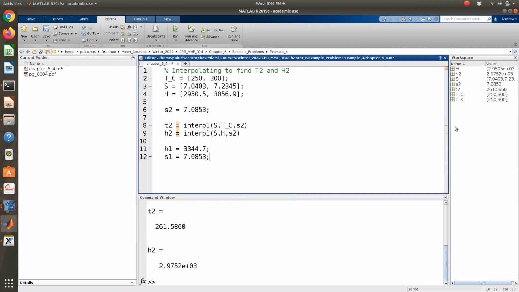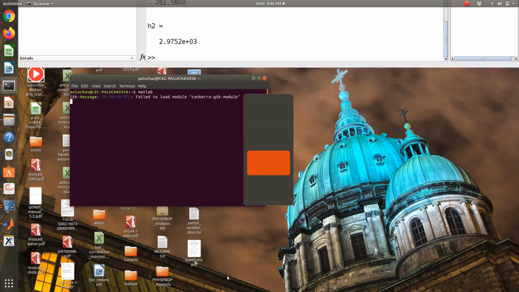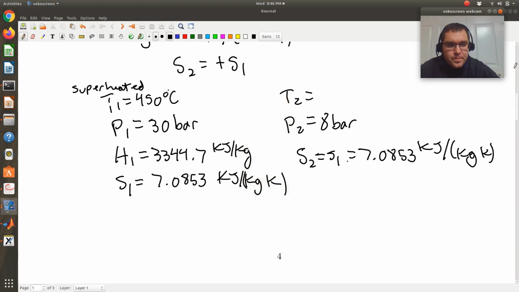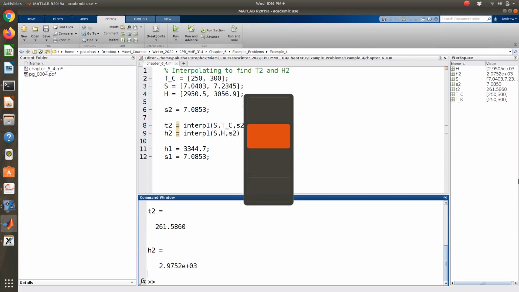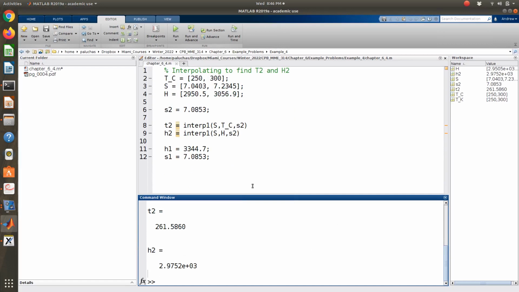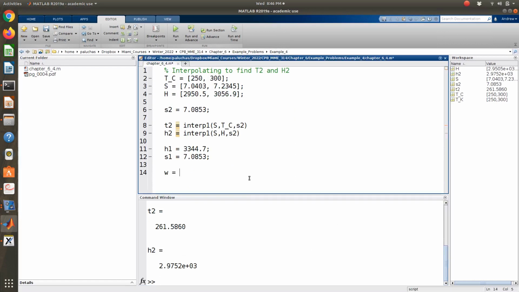So to calculate W, W is just H2 minus H1. We're just using values of enthalpy from the steam tables, so W will have units of kilojoules per kilogram.